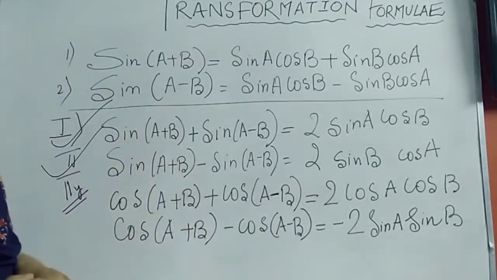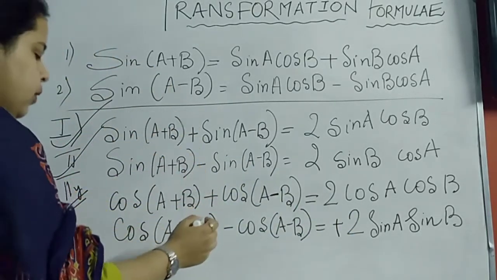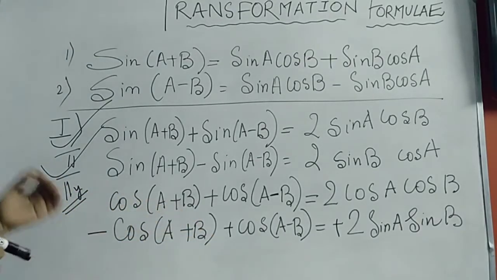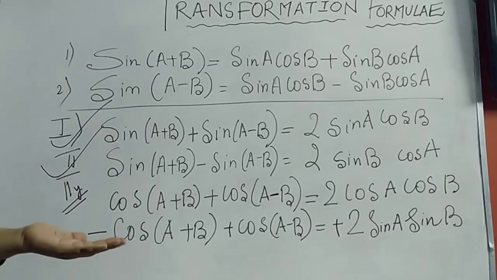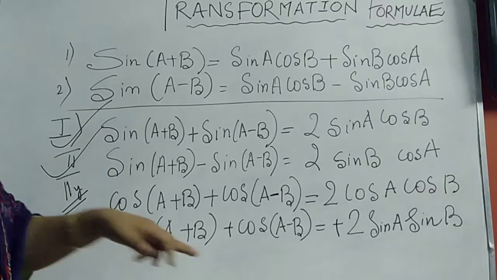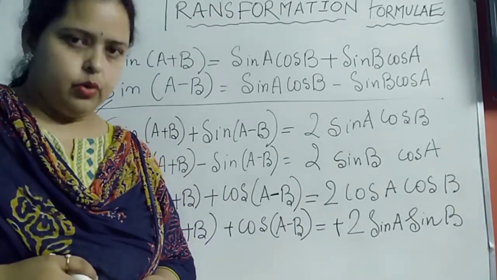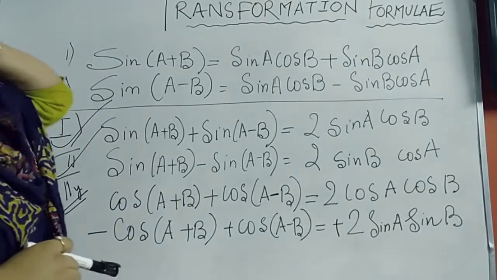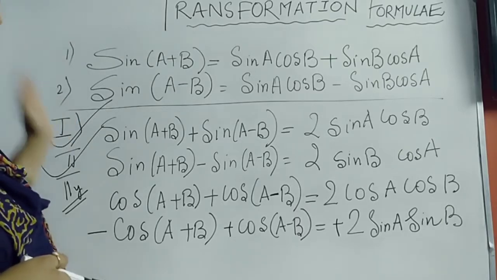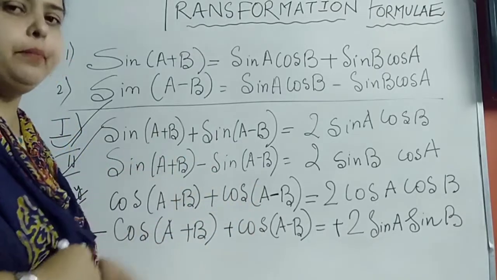Sometimes you will find in your book they absorb this minus sign and bring a minus on the left-hand side. So the formula can even be learned as cos of a minus b minus cos of a plus b is plus 2 sine a sine b. Okay, students, it is clear, and I hope we will not have any problem remembering them.